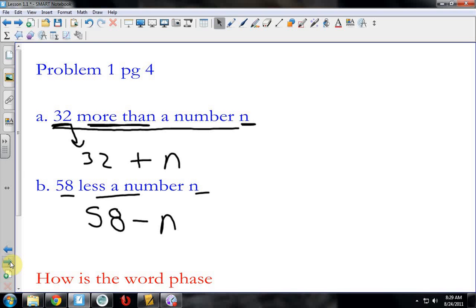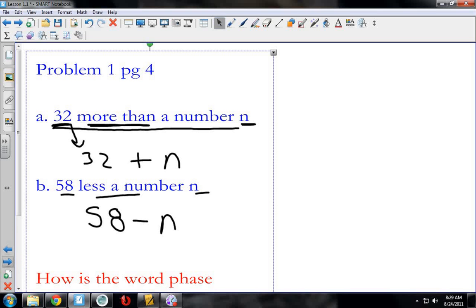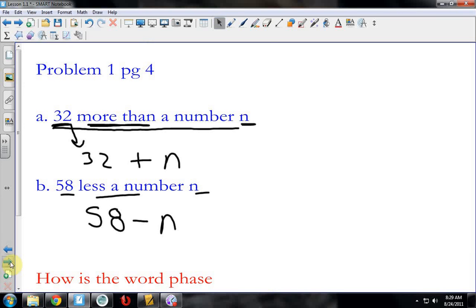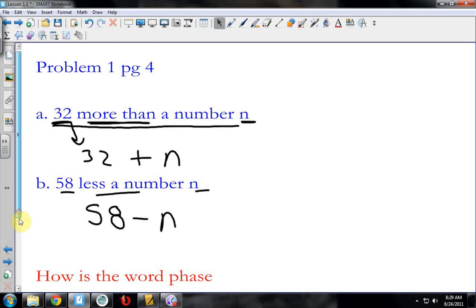Now, here's a key point that we need to be aware of. Most of the time, we're going to be writing these expressions from left to right, just like here we did 58 less a number n, left to right, just like the words. There is one that we need to be careful of because it's actually flip-flopped.